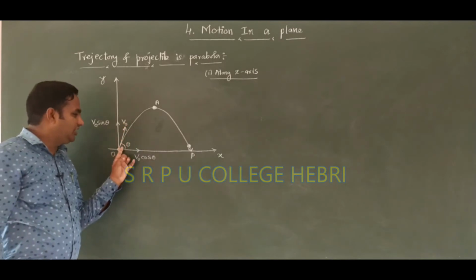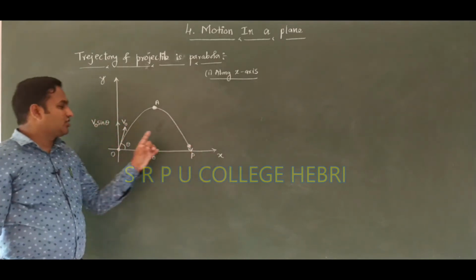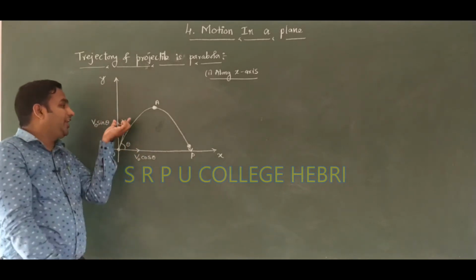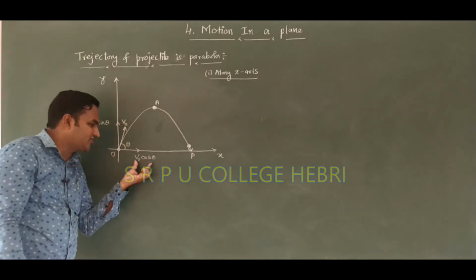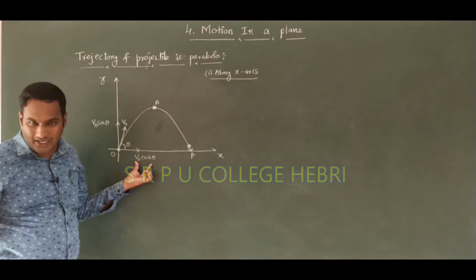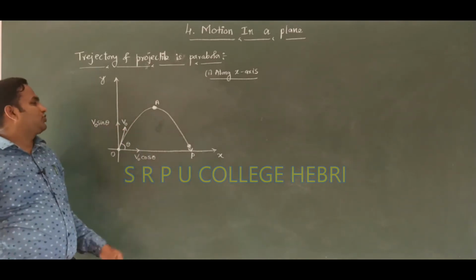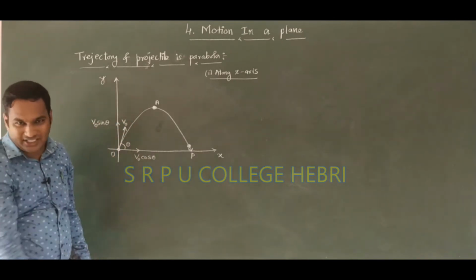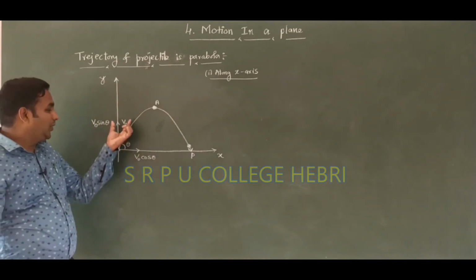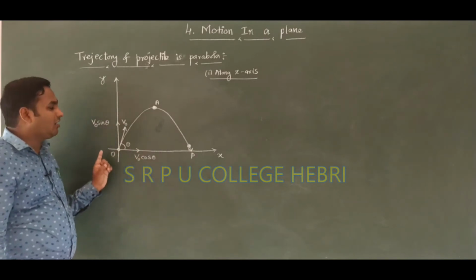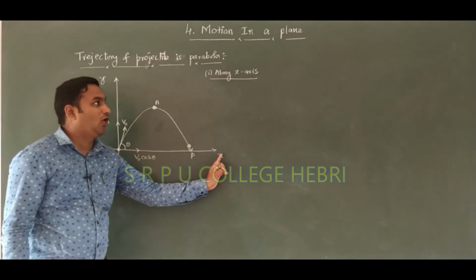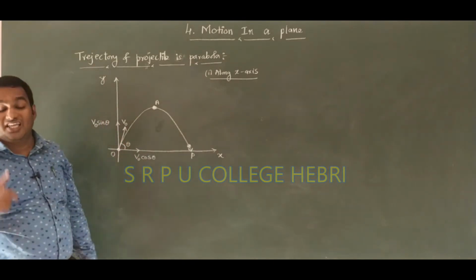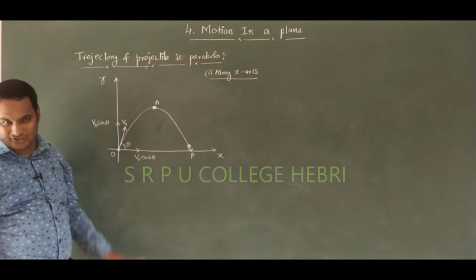It makes an angle theta with the x-axis, resulting into two components. The component or projection made by V naught along x-axis is V naught cos theta, and along y-axis is V naught sin theta. V naught cos theta acts like an initial velocity along the horizontal or x-axis, and V naught sin theta is the initial velocity along the y-axis.